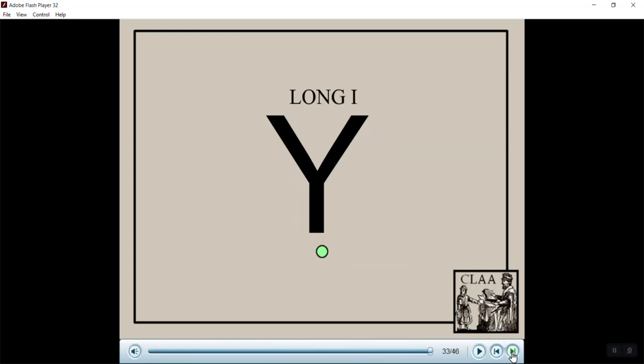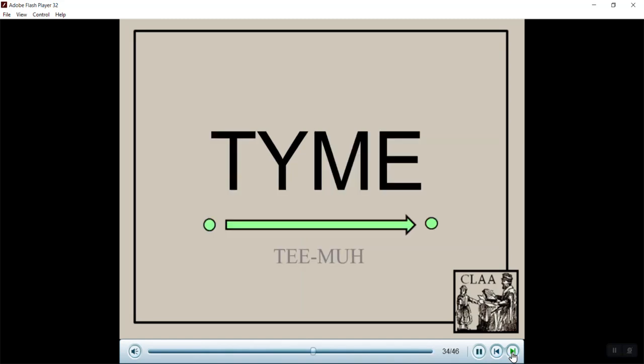The next sound in Middle English that we need to learn is the long E, written in Middle English with our letter Y. When we see this letter Y in Middle English, we can read it with the sound E. Let's read this Middle English word together.